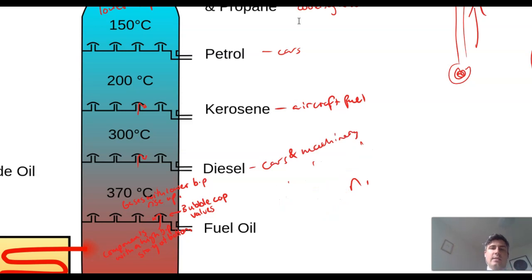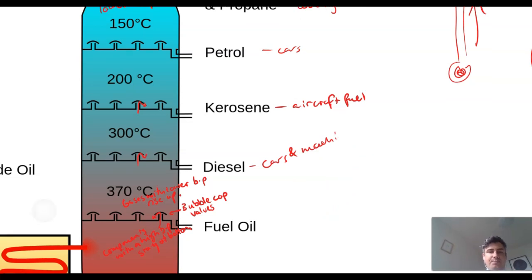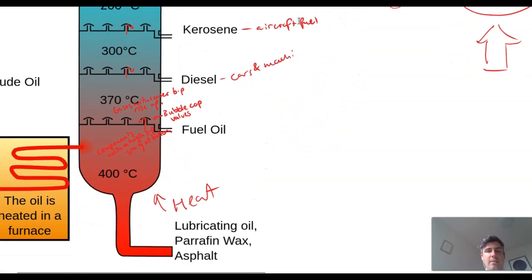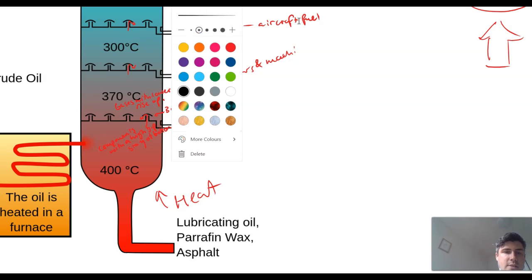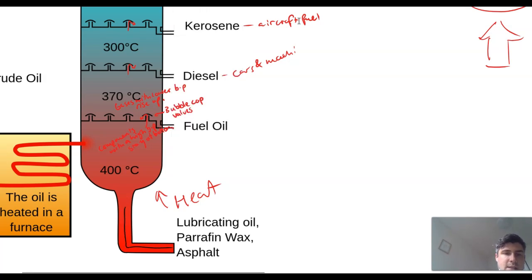And down the bottom here, we get the really thick substances that tend to have very high boiling point. And these are the oils, the waxes, and the asphalt, so the stuff we use for roads. And that actually has such a high boiling point, it just runs down. So it's a runoff effect. It goes down into, gets tapped down there.